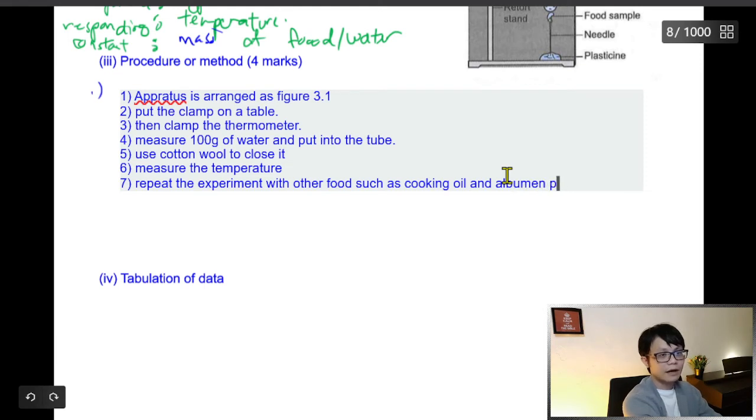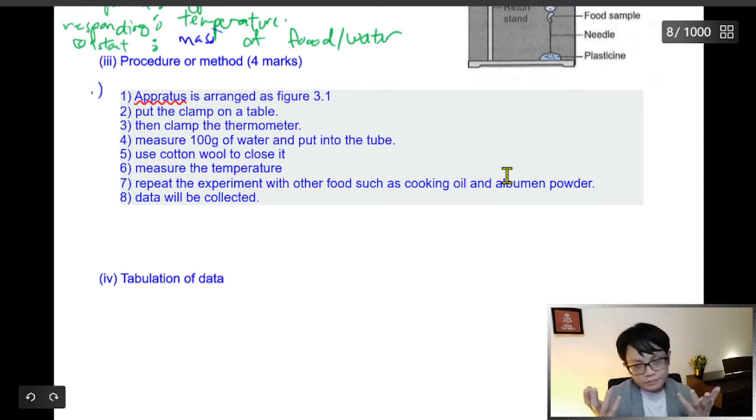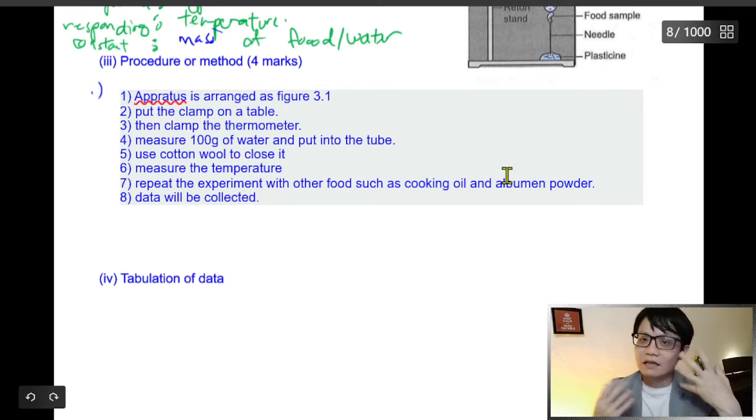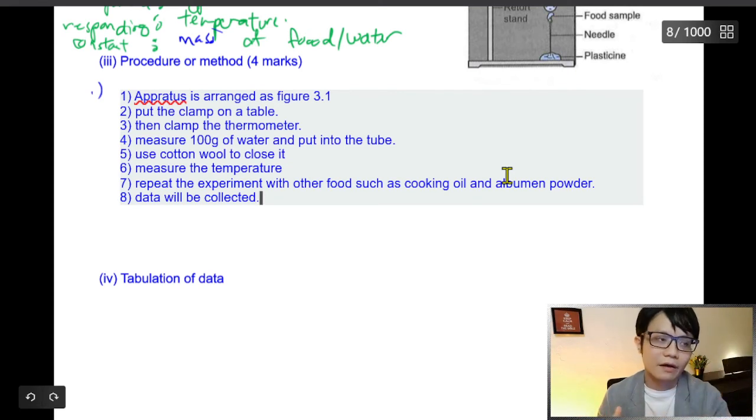Data will be collected, okay. Data will be observed, for example. Data will be collected. After that, inference you can write, inference no need to write, and then we can form a conclusion.